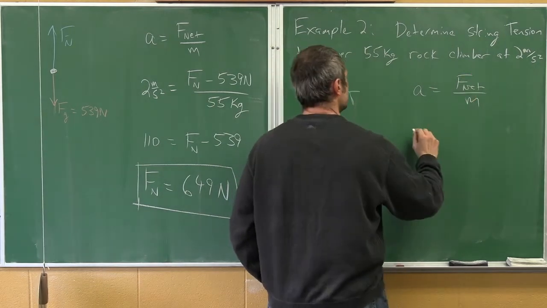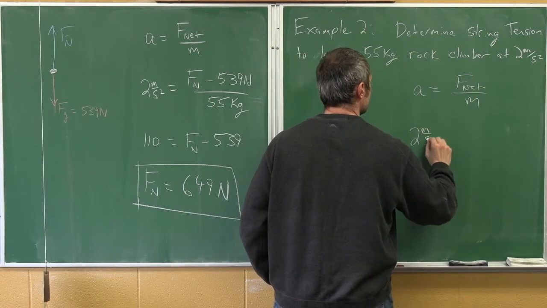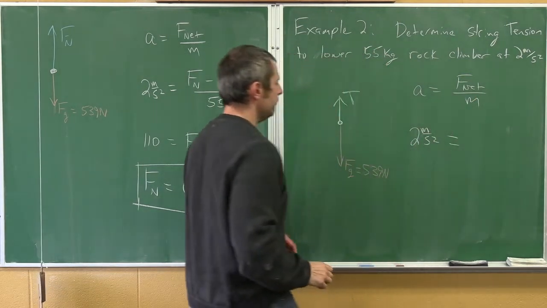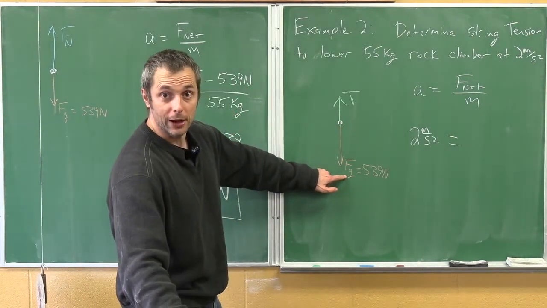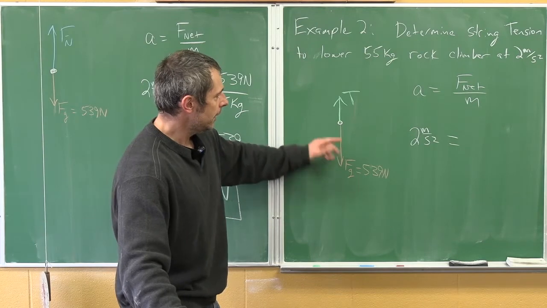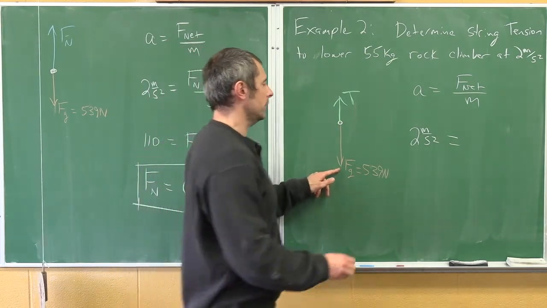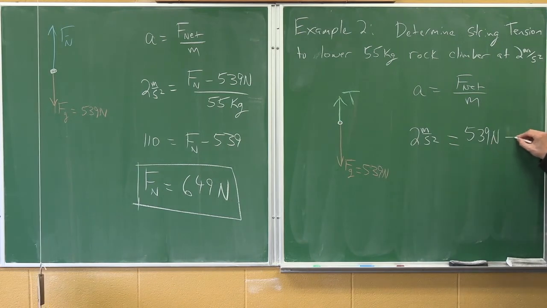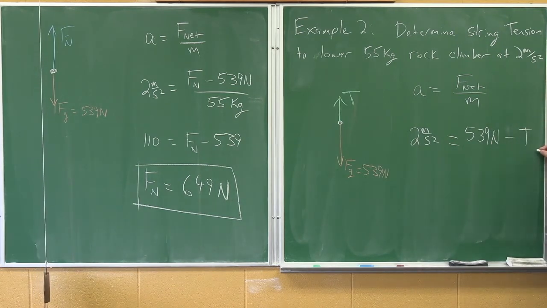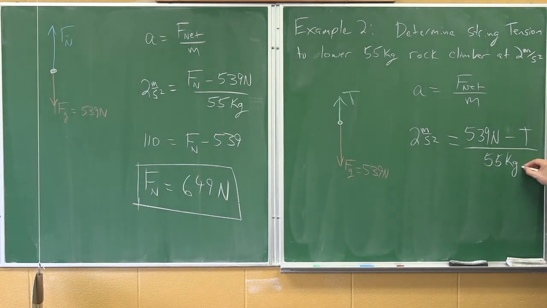And now our acceleration is still 2. But now the net force, this is now the forward force, the Earth's downward 539. And this is the backwards force. So we're going to say 539 minus the tension backwards force, all over the mass of 55 kilograms.